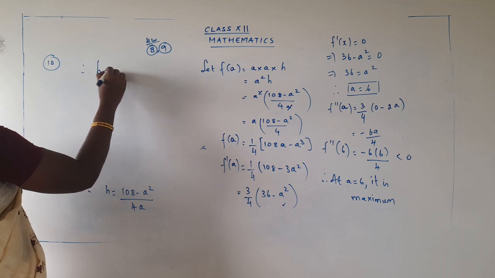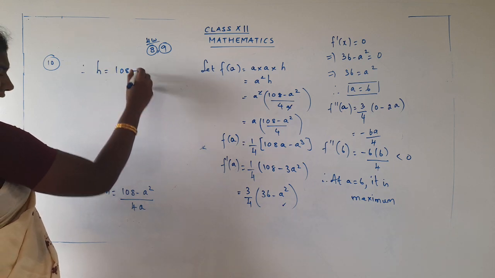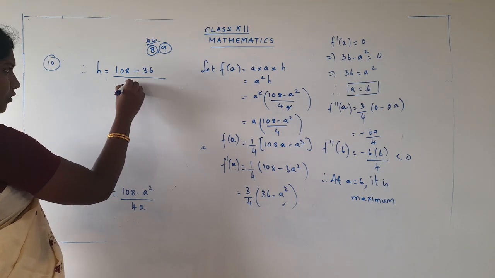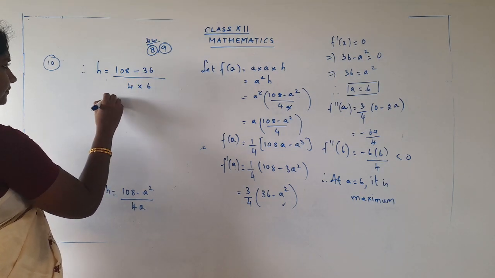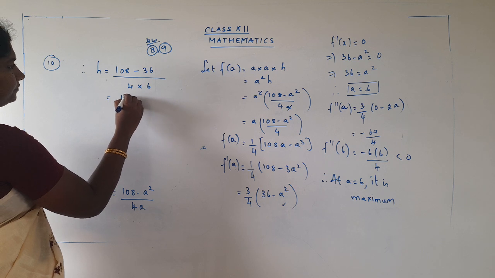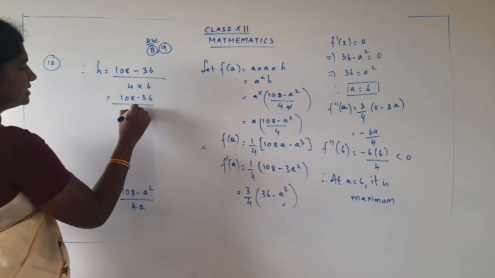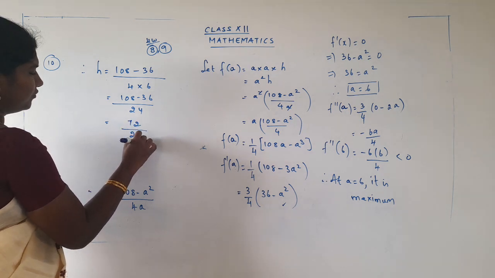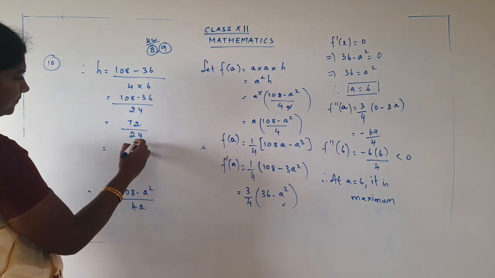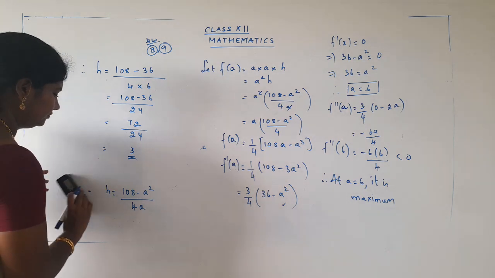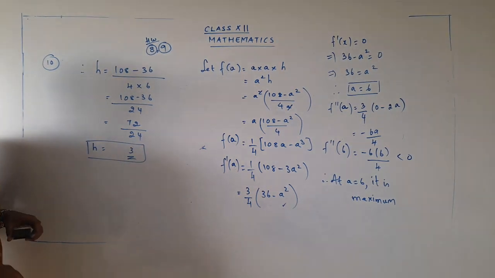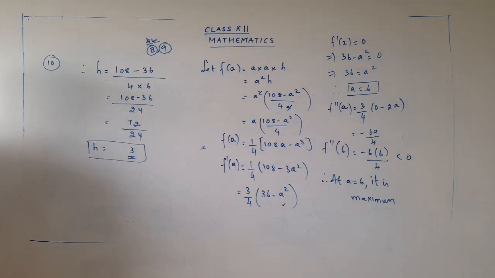Therefore, h is equal to 108 minus a is 6 square, that is 36 upon 4 into 6. 108 minus 36 upon 24 is 72 upon 24 is 3. So we have found the value for h also. So I have found the value for a, and also I have found the value for h.